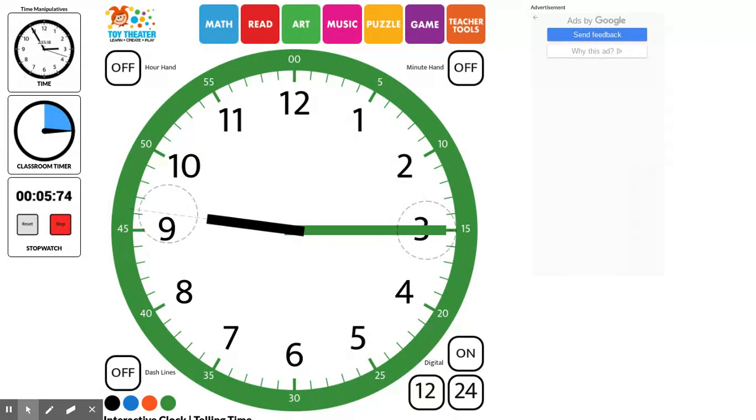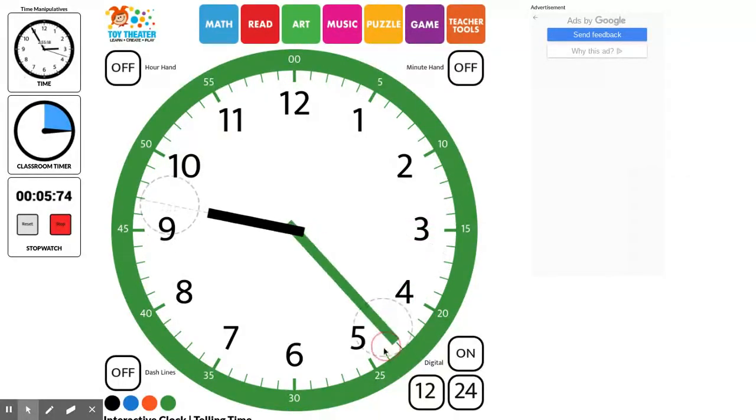So that's showing me 9:15. My hour hand is no longer pointing straight at the 9 because it's moved into the hour of 9 about 15 minutes. It's still close, but it's not pointing straight at it. So my hour hand is moving through the hour of 9 just the same way that my minute hand is moving around the whole clock.